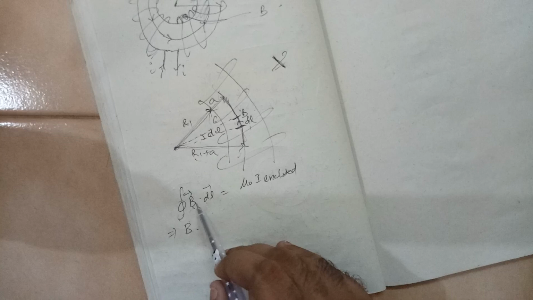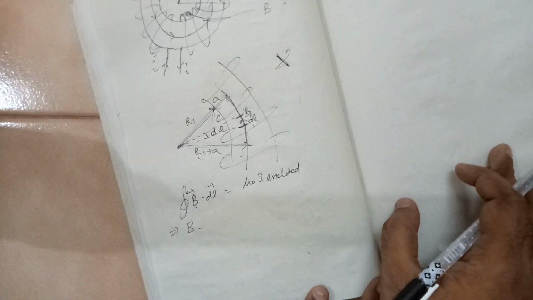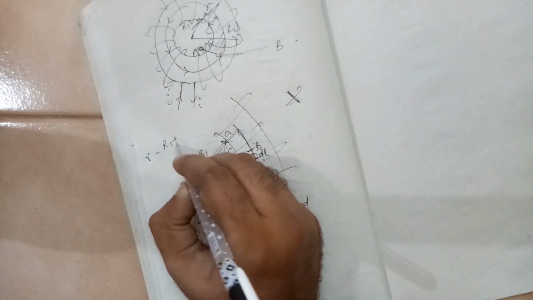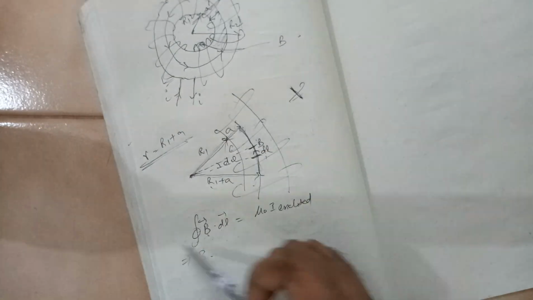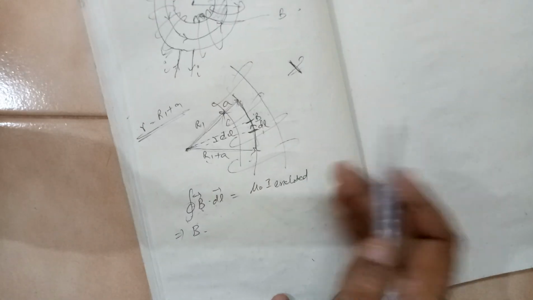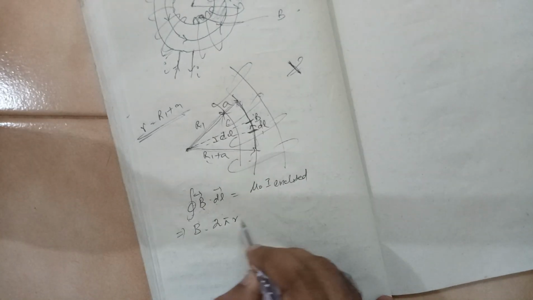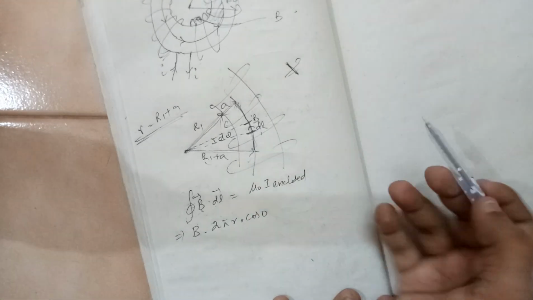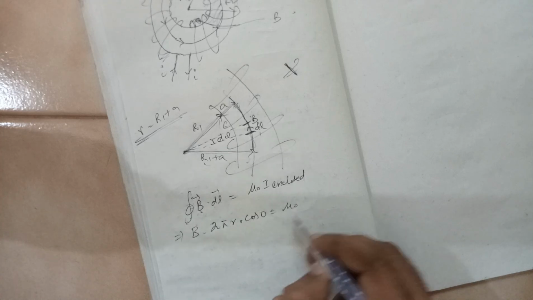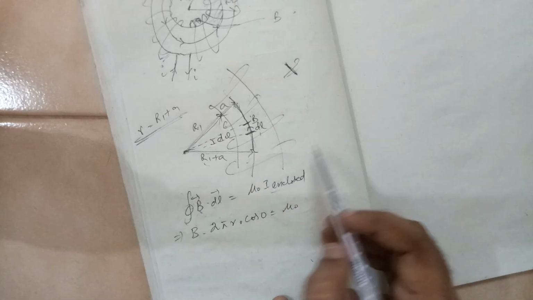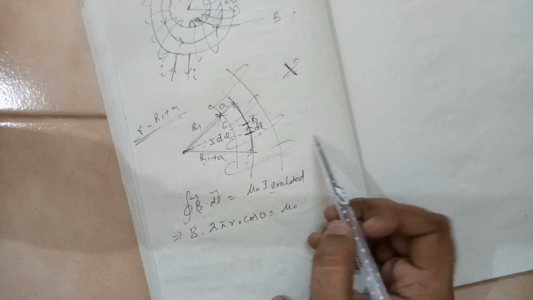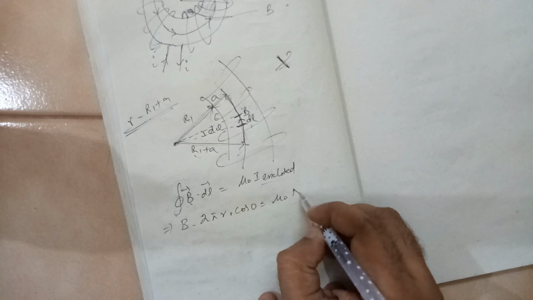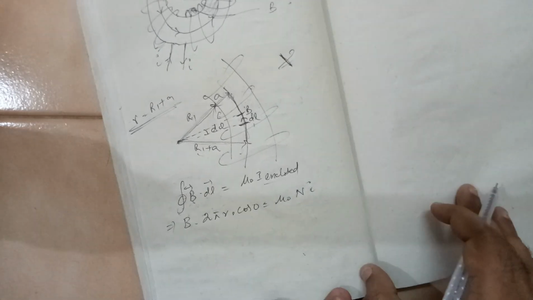The integration of dl, the total length, let us call some small r equal to R1 plus A. It is a whole circle, so it will be 2 pi r into cos 0, because the angle between B and dl is 0, equal to mu naught I enclosed. If one wire is there, I will be the current. Let us say the number of turns is capital N, so it is NI.